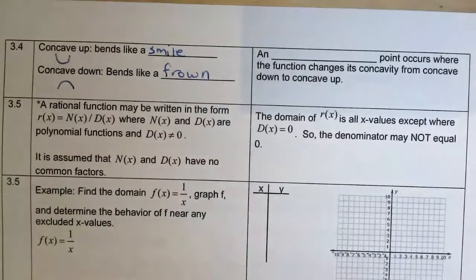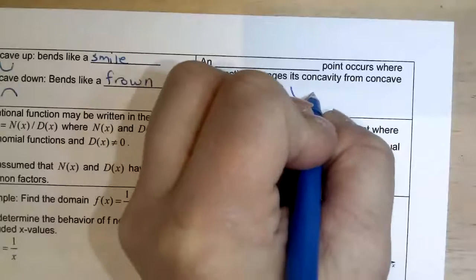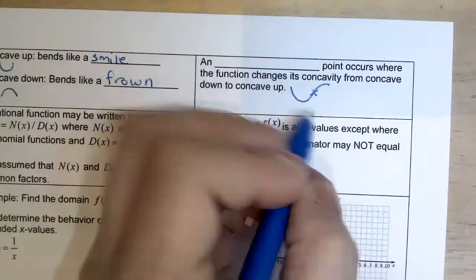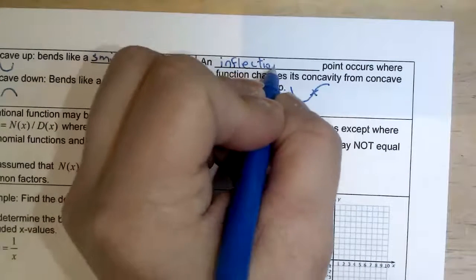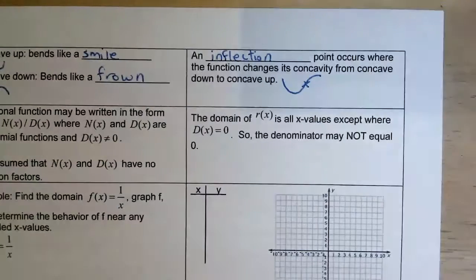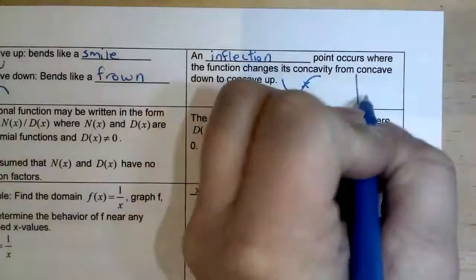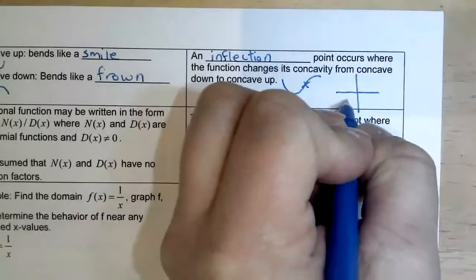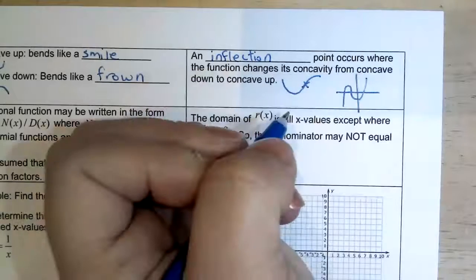You also have a point where the concavity changes from up to down or from down to up, and that's called an inflection point. So when we graph functions, we'll have a function that sometimes looks like this.